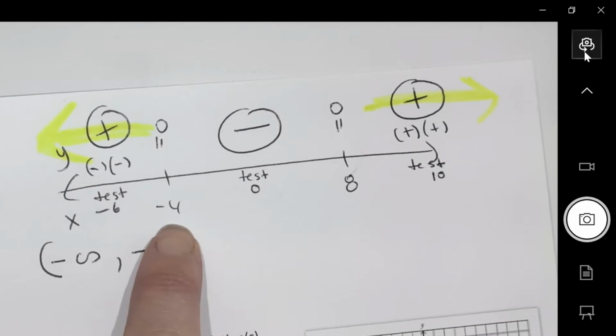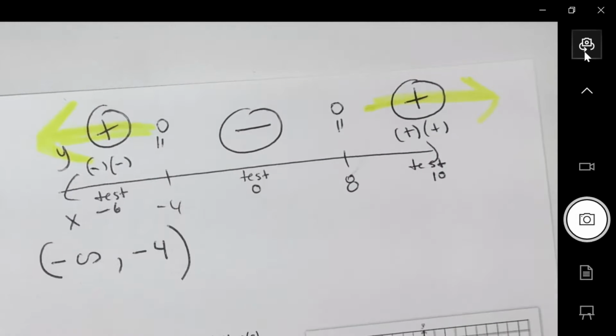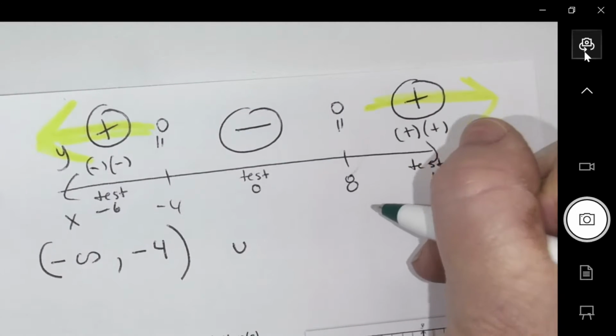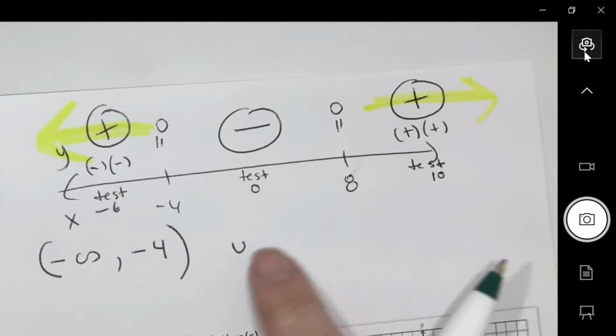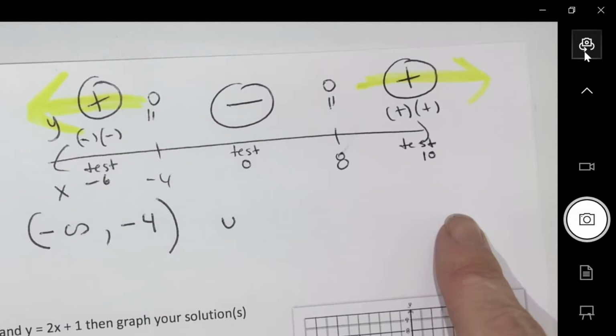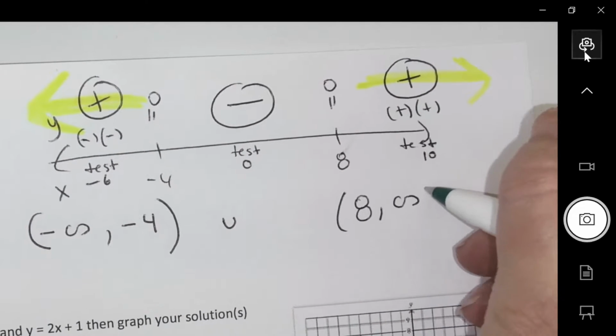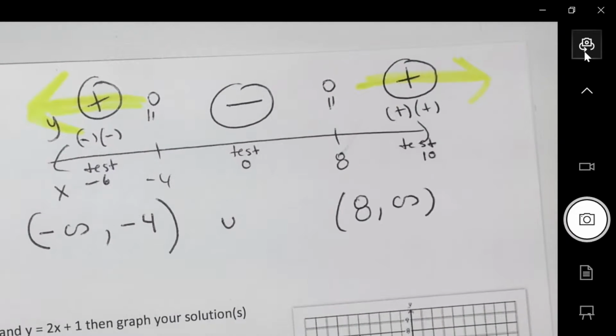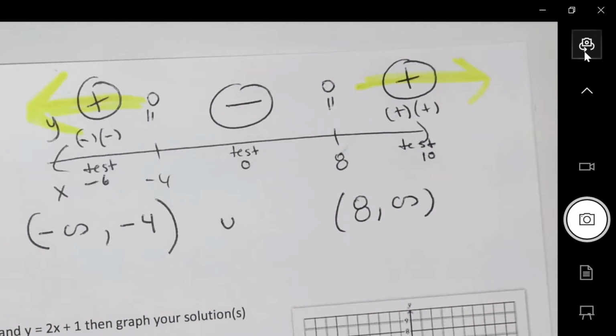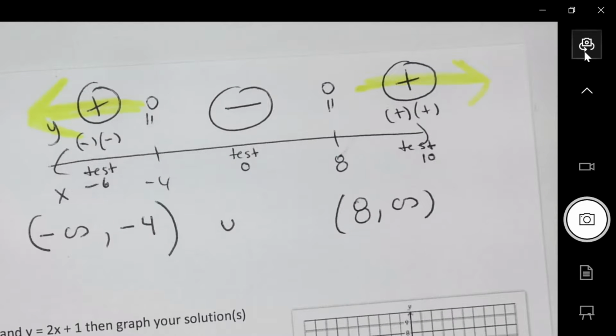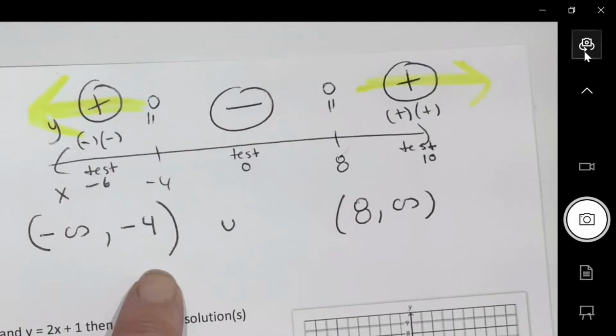If you hit that spot, you're 0. Union, so or this zone. So this zone is from 8 to infinity. As soon as you have an equal sign as part of that, this is a square.